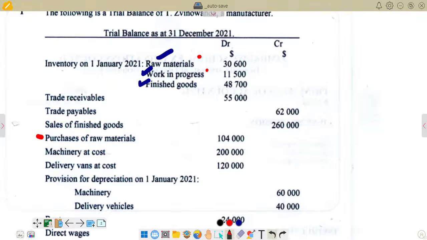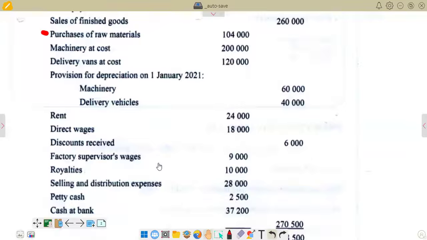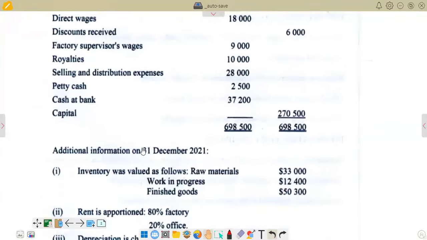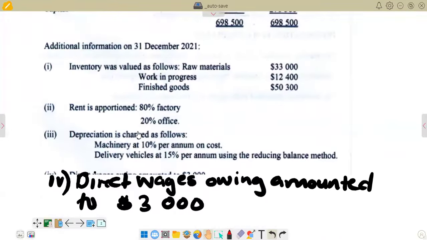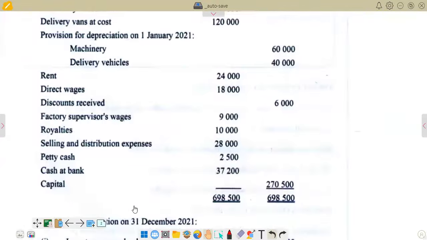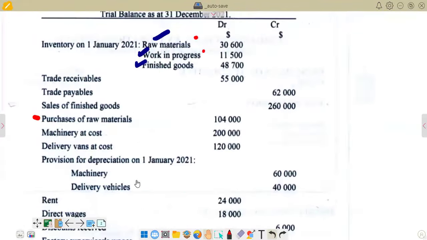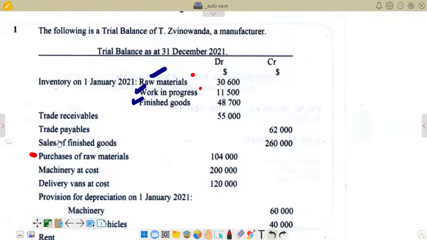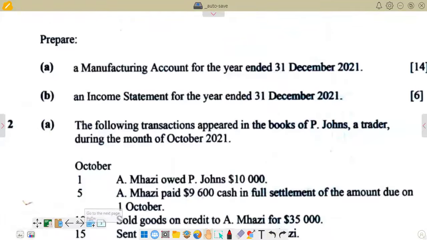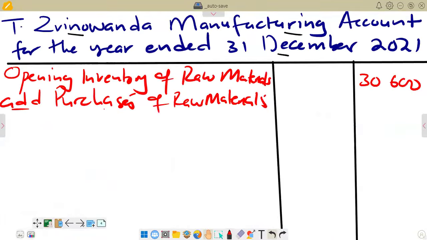You'd see that we have nothing to do with returns, so it means we are not going to subtract anything. We're just going to pick the purchase of raw materials figure that we have, which is 104,000, and add it to our opening stock of raw materials. And we do not have returns.